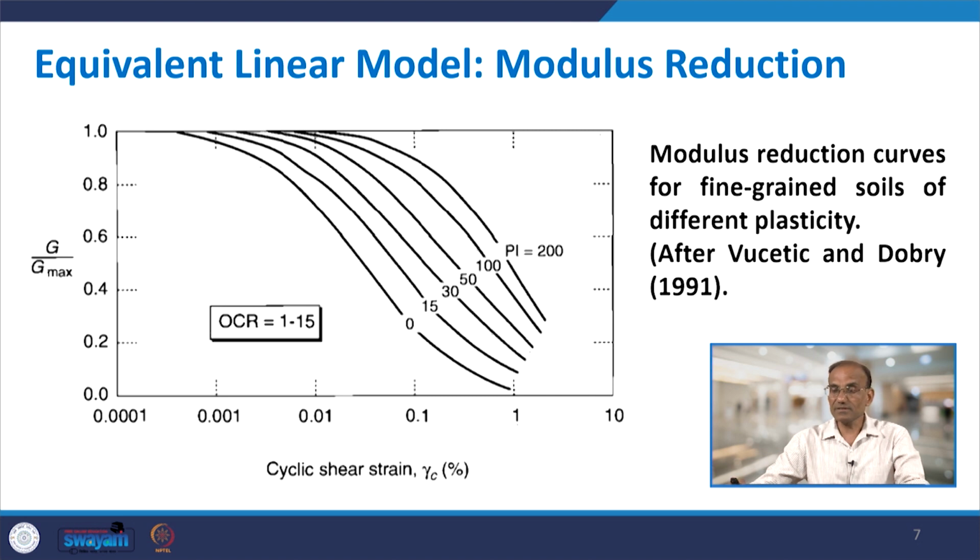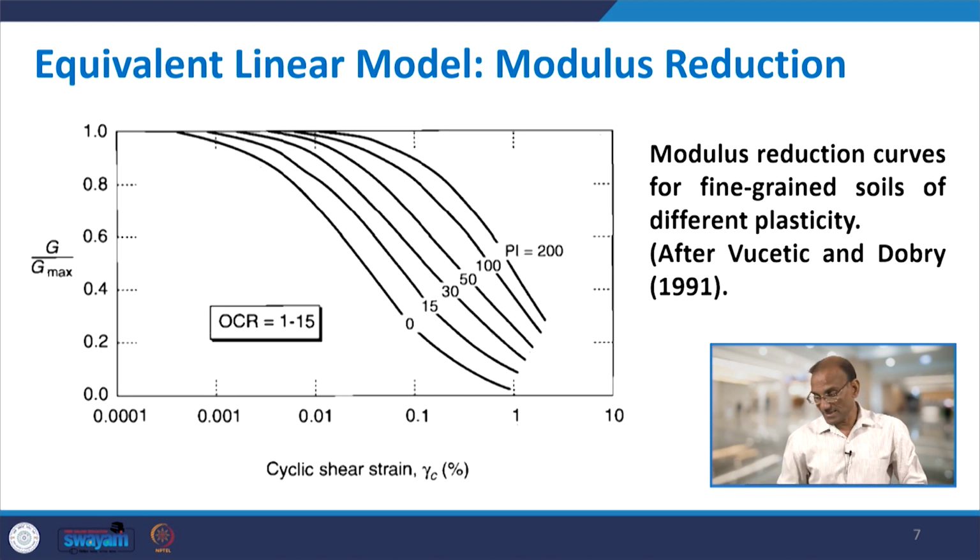These are typical modulus reduction curves presented by Vucetich and Dobry in 1991. On the y axis you have G by G max, varying from 0 to 1, the maximum value being 1, and on the x axis you have cyclic shear strain, represented in terms of percentage.